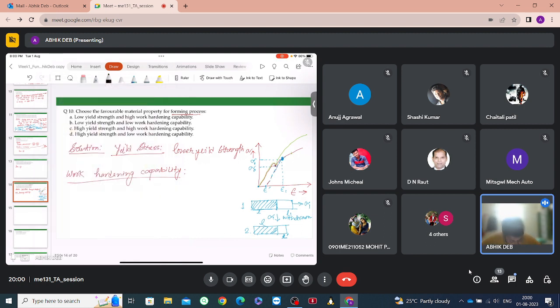For this value of deformation, we are willing to have this value of deformation. In which one, the green one or the red one, will a higher value of stress be required for the same deformation? That is the same strain, which one will have a greater stress requirement?